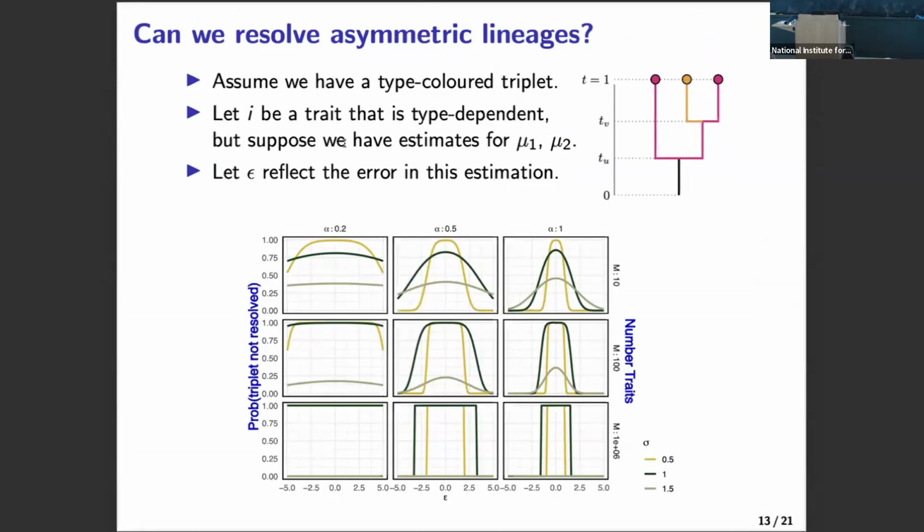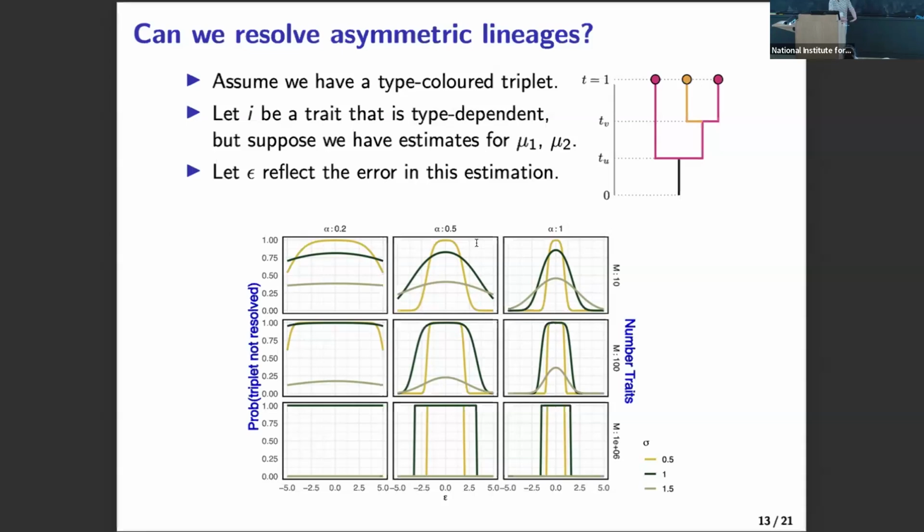And across all these regimes, unless you're in very, very optimistic regimes, maybe down here, the point is that you have to get really, really good estimates of these mean values in order to resolve the lineage. Otherwise, you're getting completely conflicting signals. So this is, in general, quite a messy thing to do.